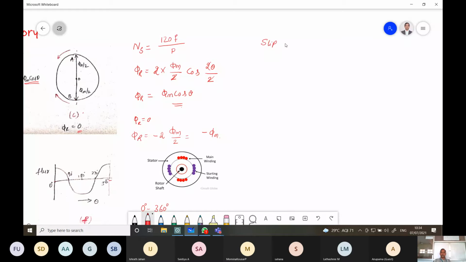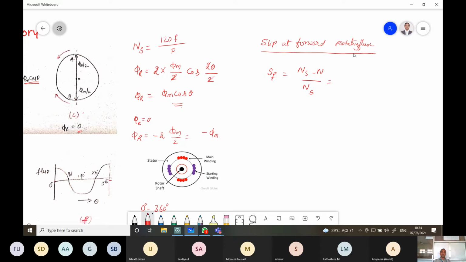So slip at forward rotating flux is represented by SF. This is equal to ns minus n divided by ns.